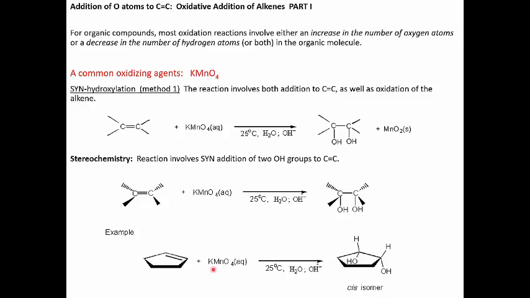Cyclopentene reacting with KMnO4 aqueous with hydroxide, and importantly at 25 degrees, that's room temperature. The product that we will get is shown here. The two OH groups, note, are attached to the same side of the ring.